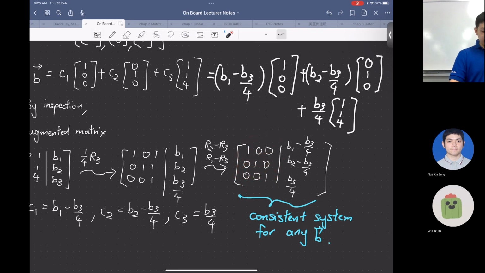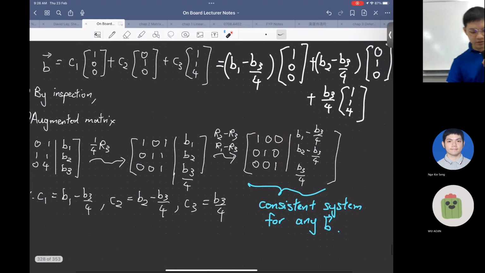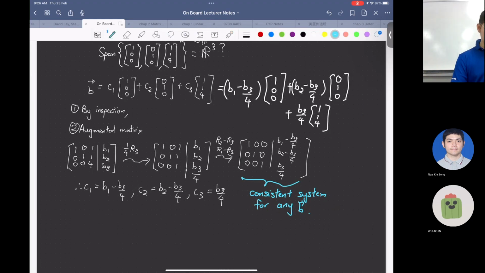If every row has a pivot, it's equivalent to every column having a pivot. So it's also saying that these three vectors are linearly independent. So together you solve both questions.